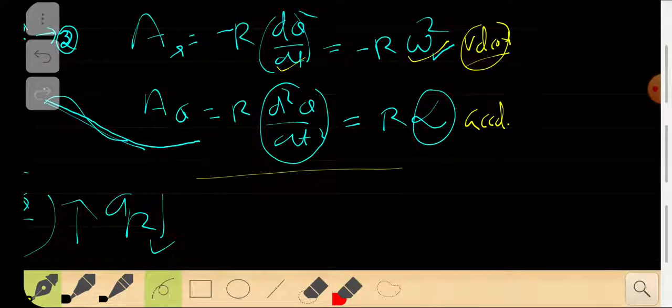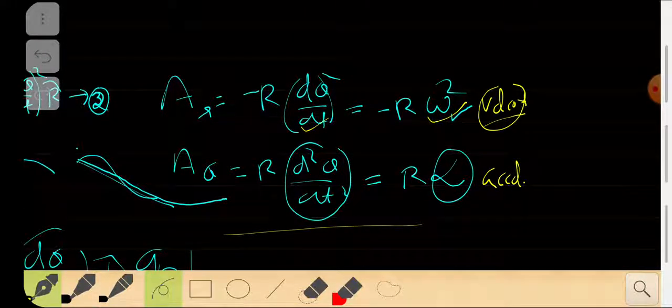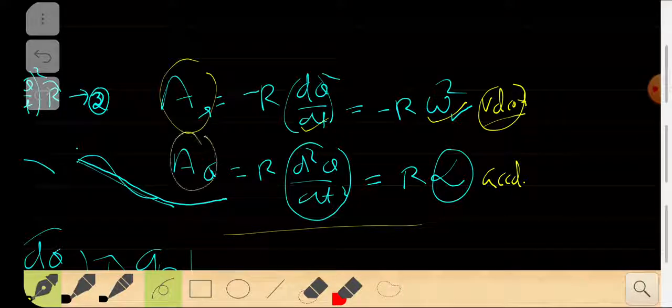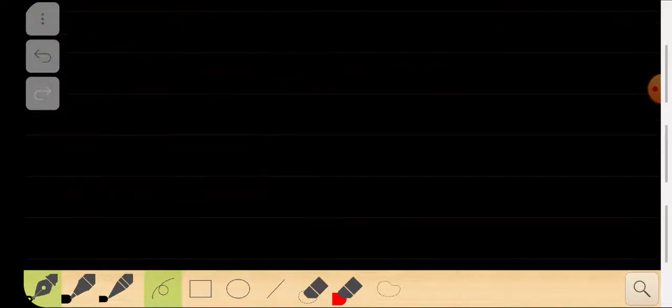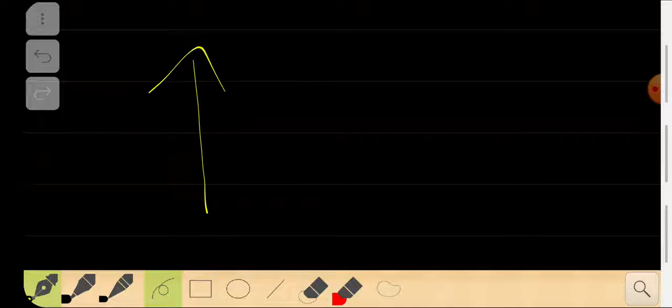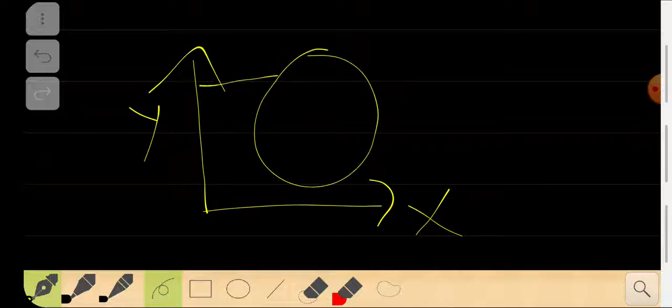So this question is like this: why go through all this trouble of defining r cap, theta cap, v r cap, v theta cap, a r, a theta, the vectors in theta and r, when you can resolve things in Cartesian coordinates? All you have to do is just take a Cartesian coordinate xy and then represent that curve, and then find the real time position and the equation, and you can take the derivative.